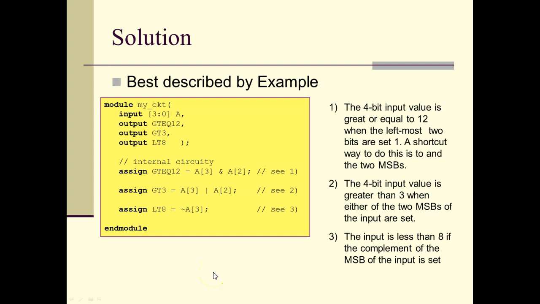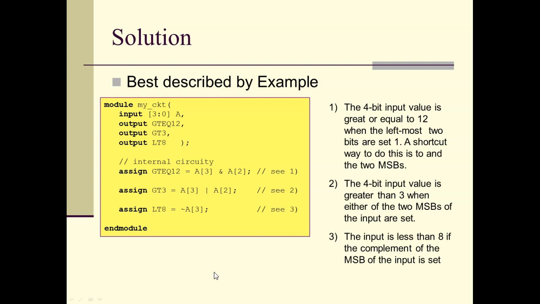For the next assign statement, I want to know when the value is greater than 3. That means if either A3 or A2 is set, that value is greater than 3. The other two bits, once again, don't matter. The last one is LT8: I want to know when that input value is less than 8.